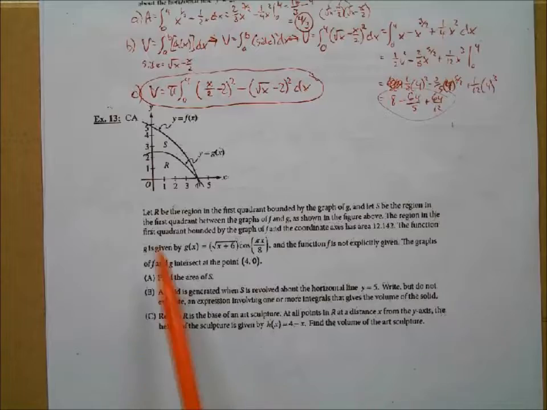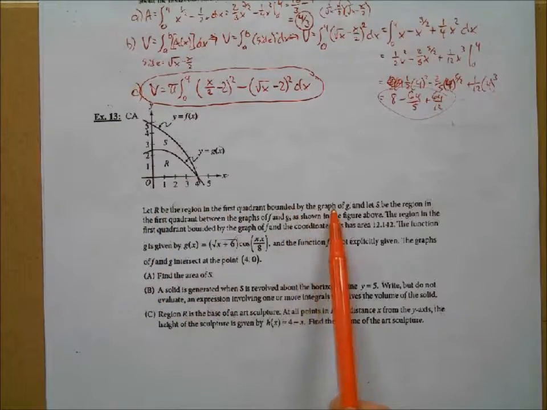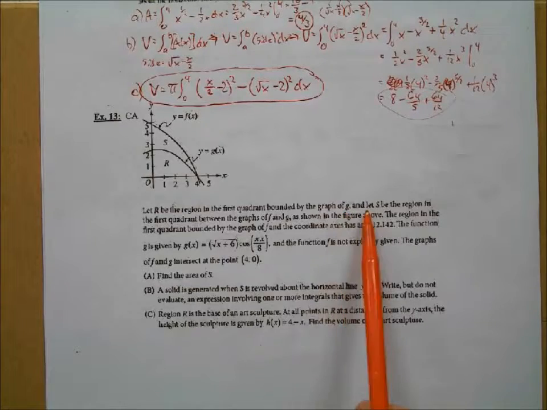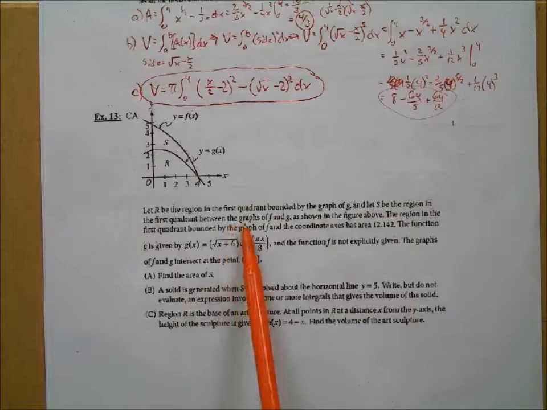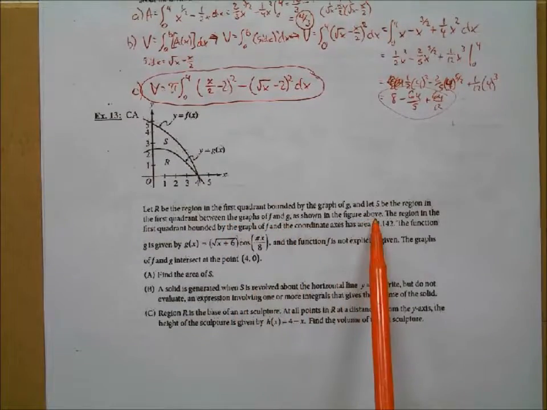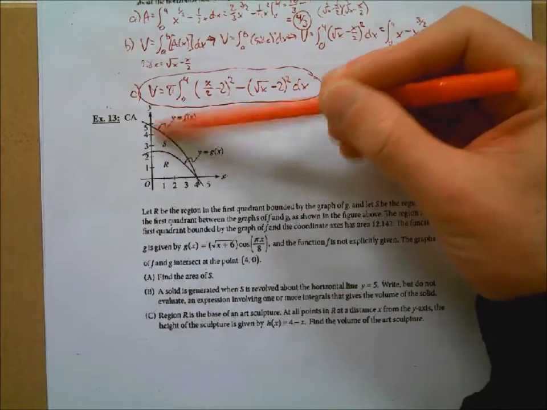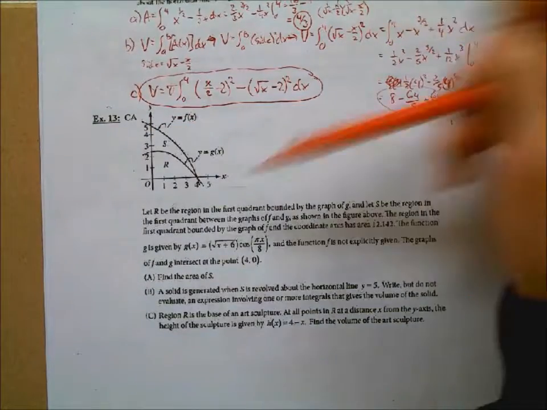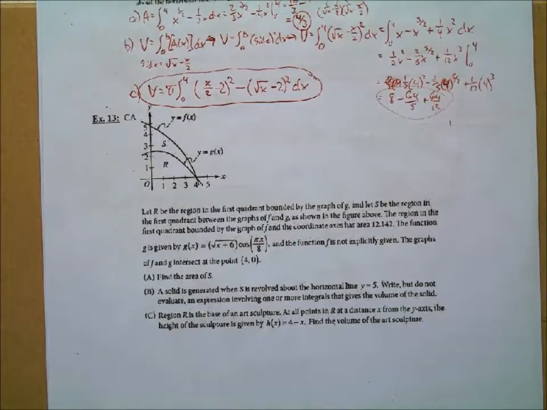So let R be the region in the first quadrant bounded by the graph of g, and let S be the region in the first quadrant between the graphs of f and g as shown in the figure above. So S is just between f and g in the first quadrant there. And R is the region in the first quadrant bounded just by g.